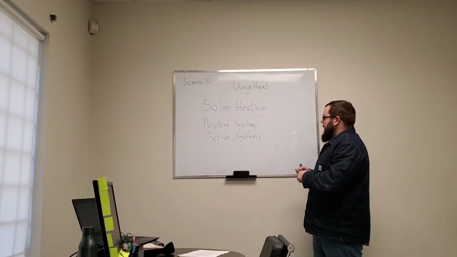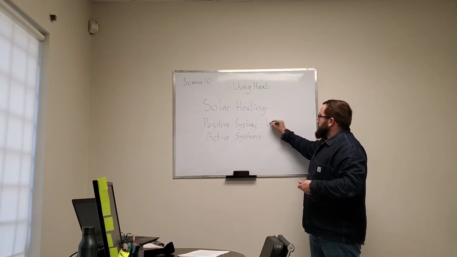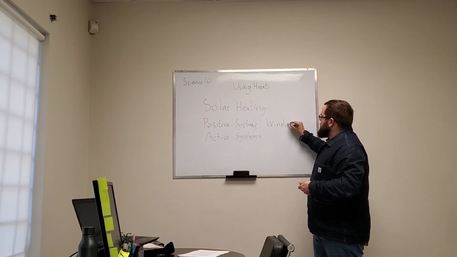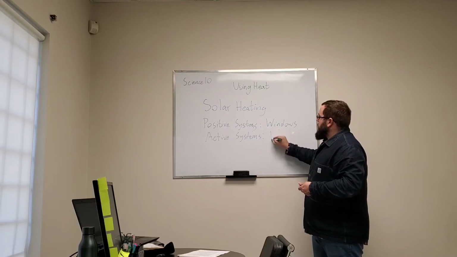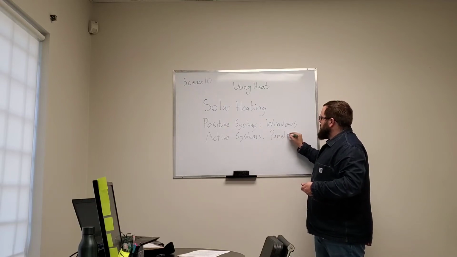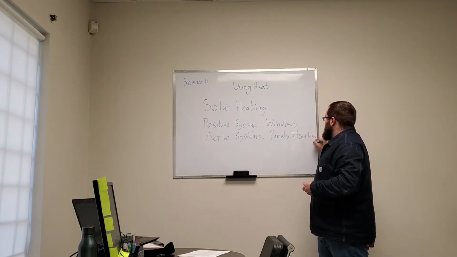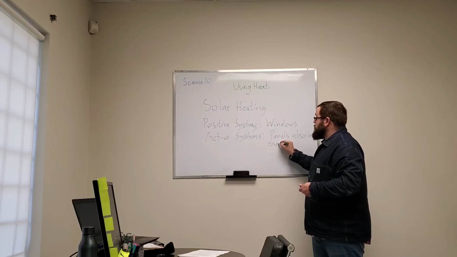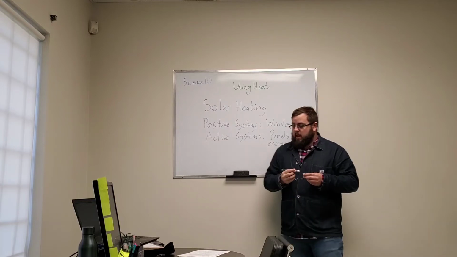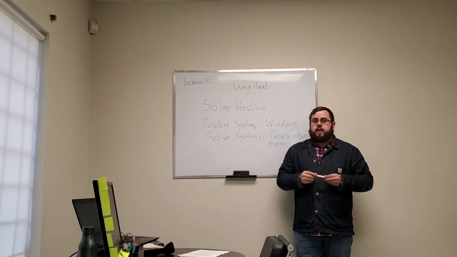So this is where you'll see the panels, right? So this is just windows letting stuff in. This is panels absorbing solar energy, right? And then using that energy to heat up the areas.